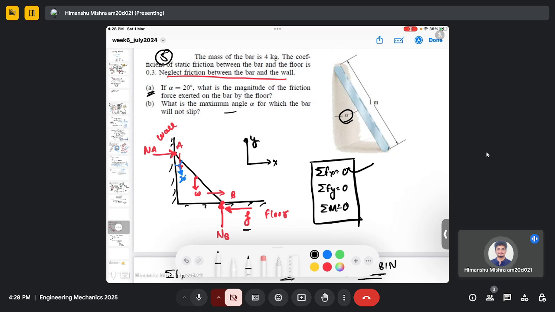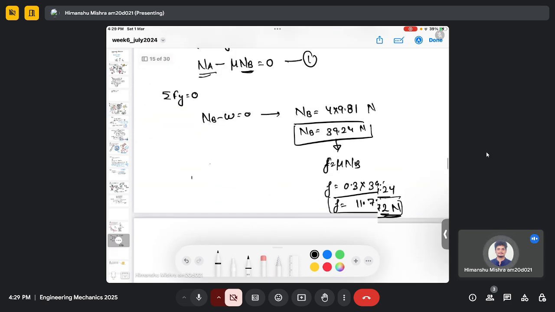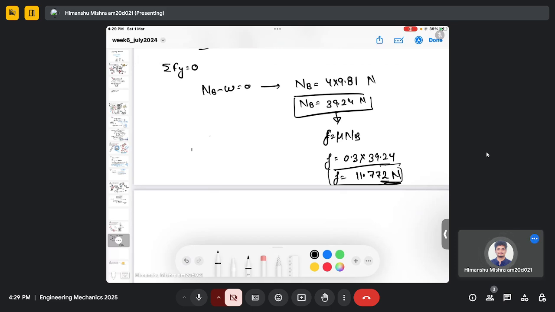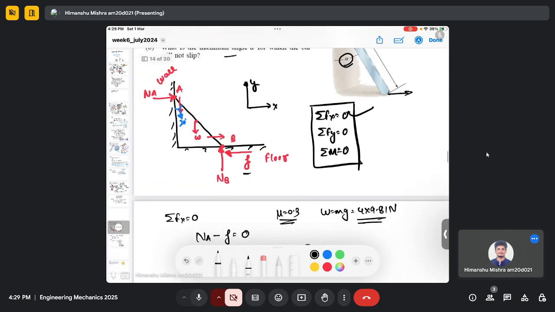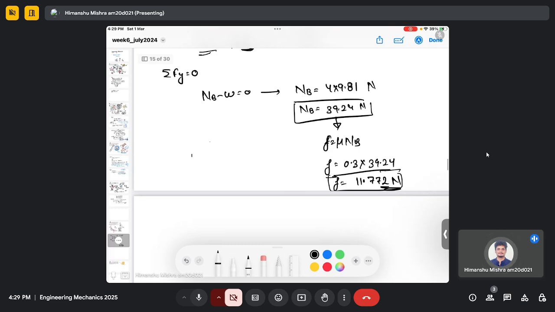So we have this angle alpha, and in order for this bar to slip, there should be some mechanism or some force which should act on the bar, which should overcome 11.772 Newton force. So the maximum alpha is such that we consider F in the equilibrium.